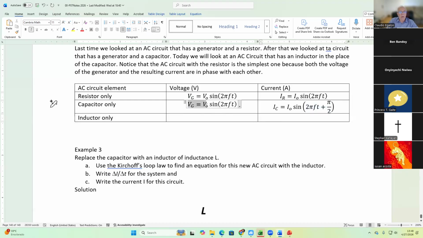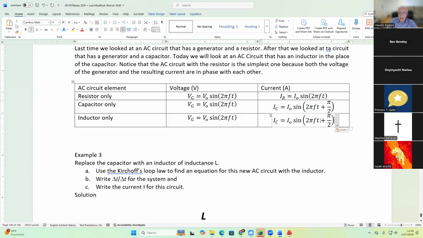And now we are going to see that when you have an inductor, the current is not going to lead. The current is going to lag. Can you remember that?